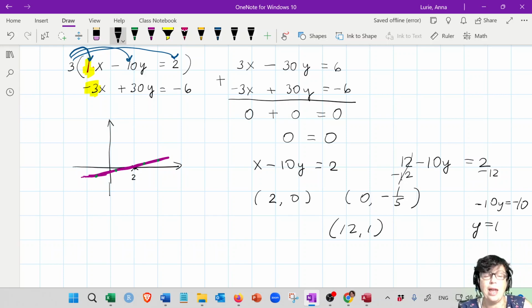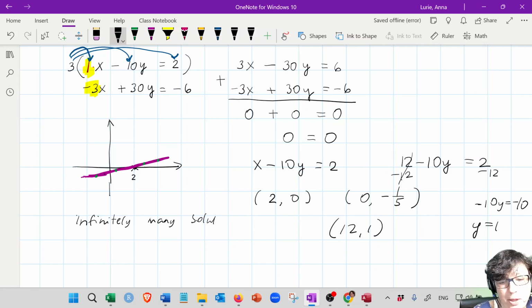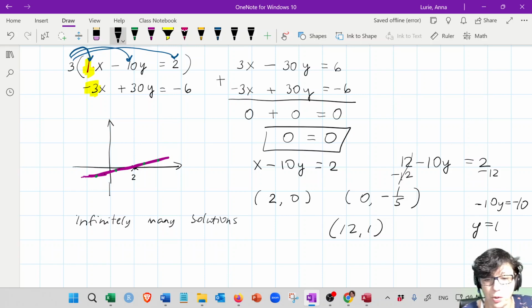So it turns out that every time we select a certain value for one of the variables, we can solve for the other one. So every single point on that line is a solution. So that tells you that there are infinitely many solutions. So when you get to a situation with a 2-by-2 system, so 2 equations, 2 variables, where you get 0 equals 0, that tells you that there are just infinitely many solutions.